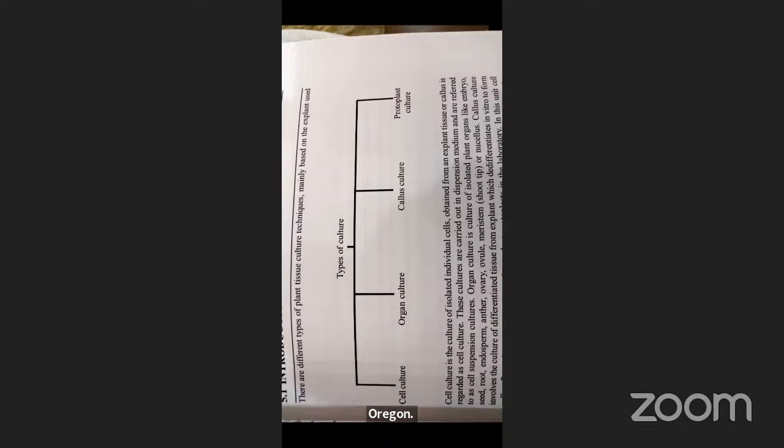Callus is nothing but a group of cells. And the last one, protoplast. There are protoplast and protoplasm, two different words, and both are present in a plant cell.